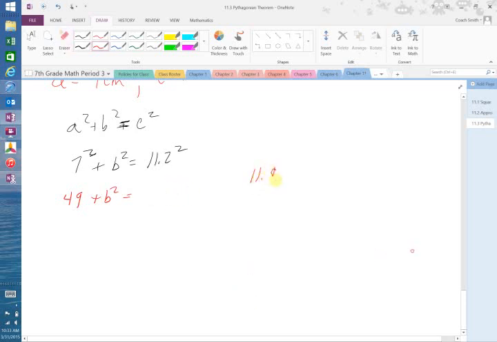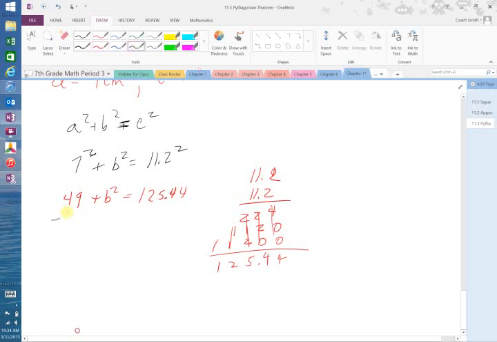So 11.2 times 11.2. Now I've got 2 decimal places, so 125.44. Okay, now I must subtract 49 from both sides.